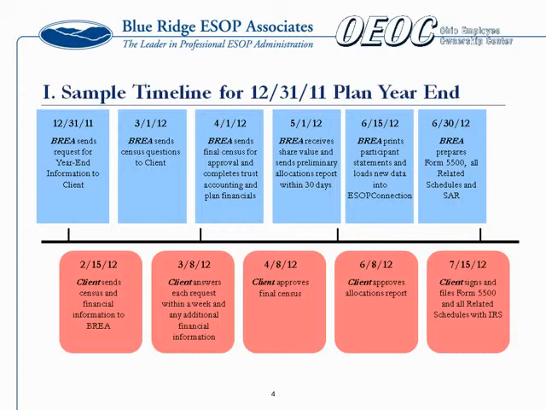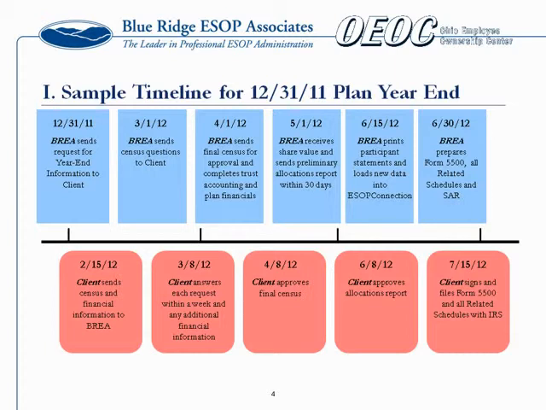And we do work very closely with you to get it done. And in that process, there is a request for census and any financial information, meaning what happened during the year, was there new transactions. We do request that. And once that is sent to us, on this date in the red, we have 2/15, client sends census and financial information.